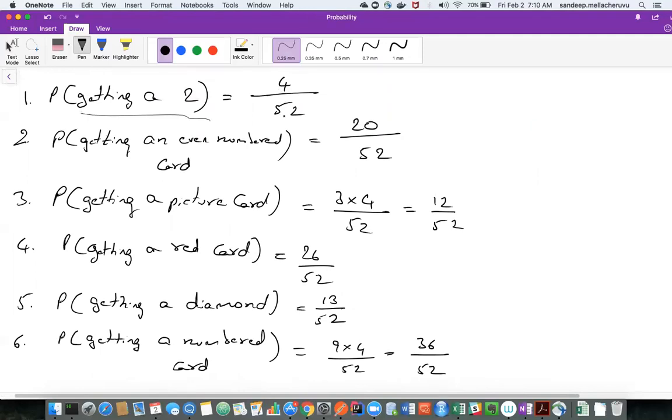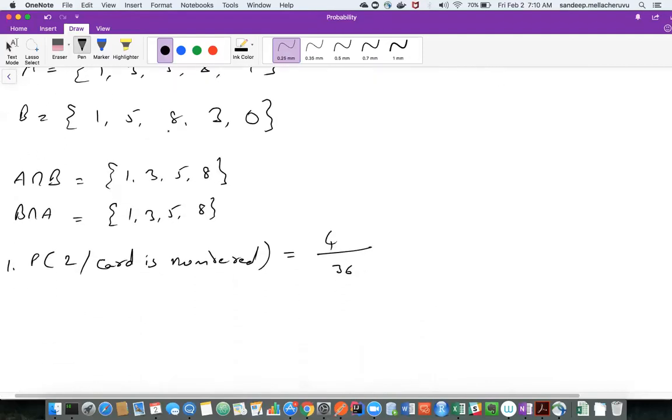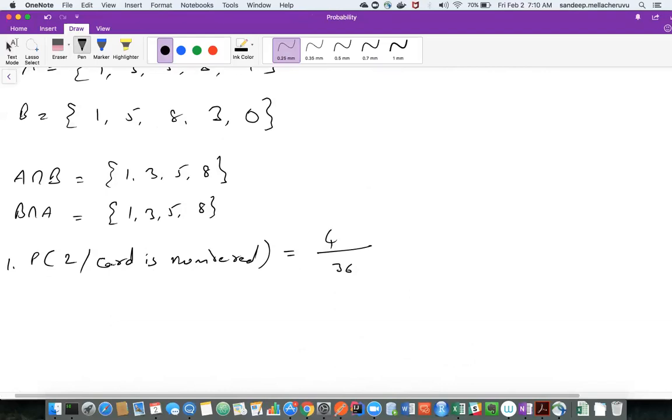Now, because I am also saying that the card is already a numbered card, I am getting a lesser sample space. The sample space is only 36 now, and out of that, I am asking for 2. So it's only 4 cards. So 4 by 36. Is this point clear?